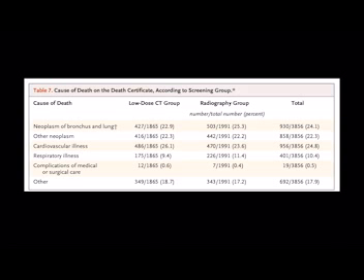In the low-dose CT, looking at, again, cause of death, so lung cancer based on CT versus chest X-ray, more people died in the chest X-ray arm from lung cancer than they did in the low-dose CT scan. And otherwise, there was no other major difference.